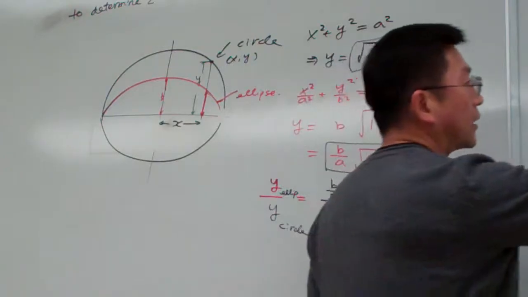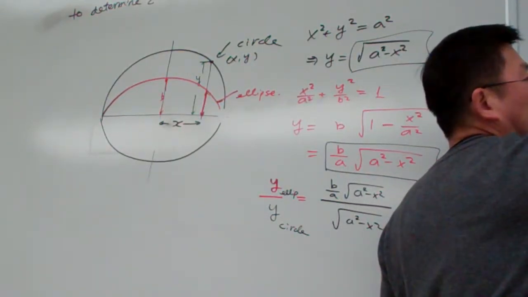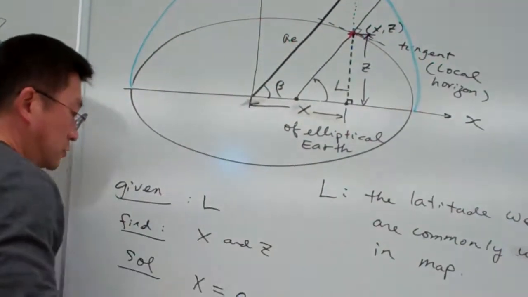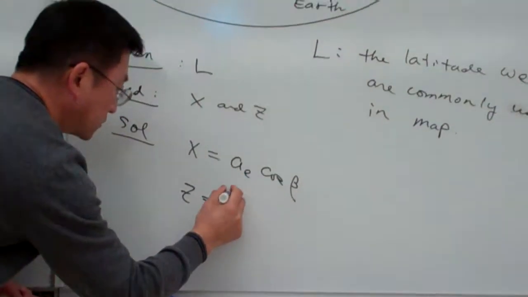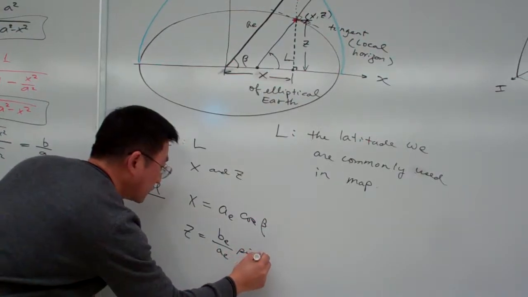So taking that one to here, you can see the z value is the corresponding vertical distance corresponding to the circle. So from here we can see easily that it is b_e over a_e times sine beta, right?